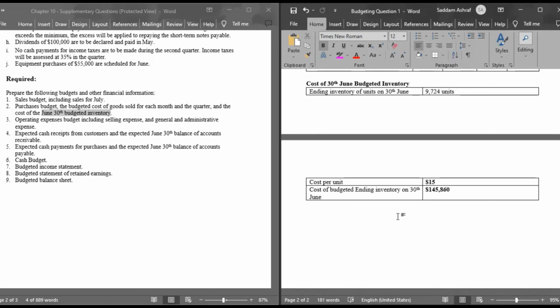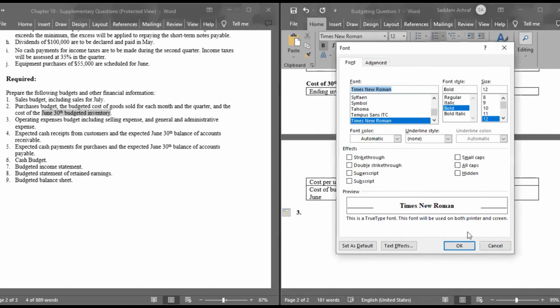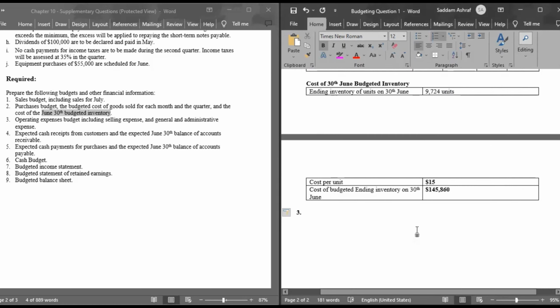Okay, so next we need to prepare budget number 3. Budget number 3 is the operating expenses budget. He has also mentioned that you need to include the selling and general and admin expenses.